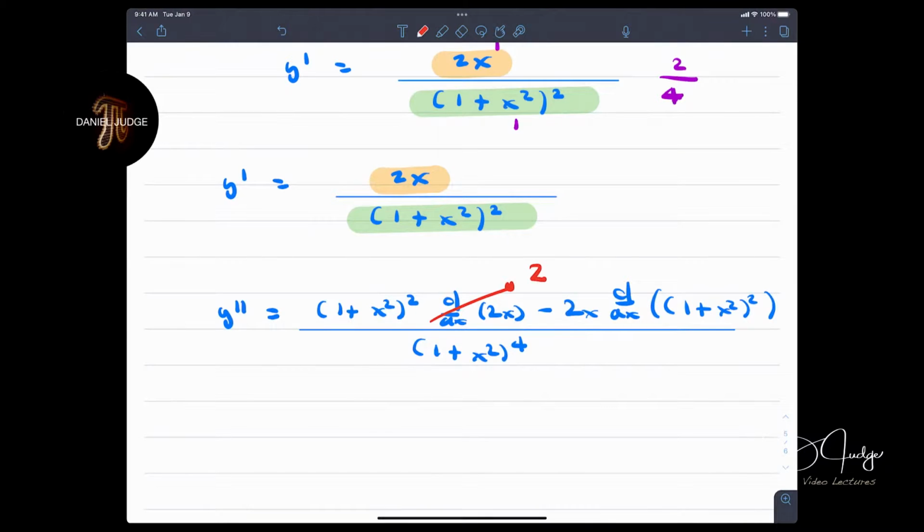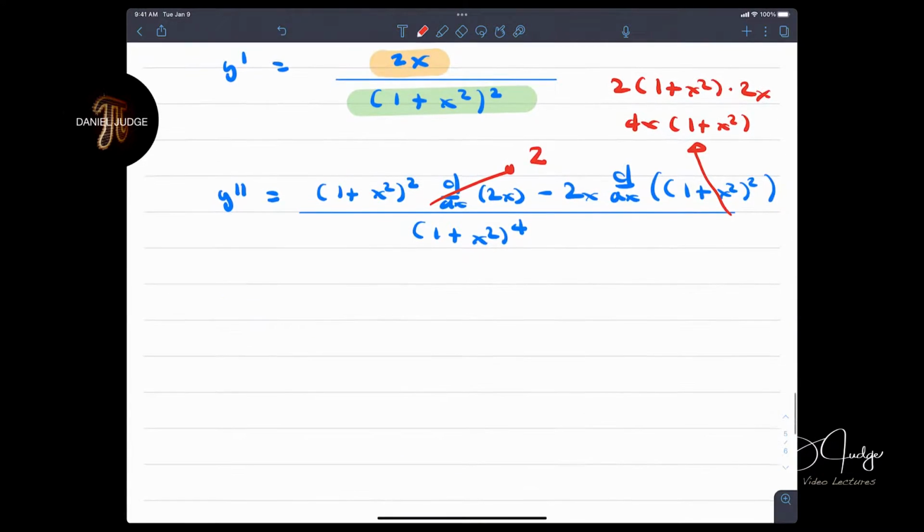Let's take our derivatives. Derivative of 2x is 2. This derivative, we're going to use chain rule. So 2 times 1 plus x squared times the derivative of 1 plus x squared, which is 2x. And again, you get that 4x times 1 plus x squared here. Okay.